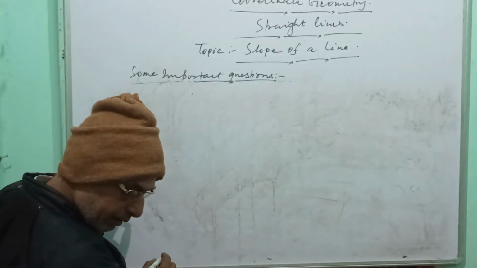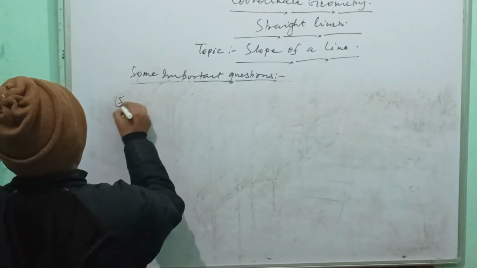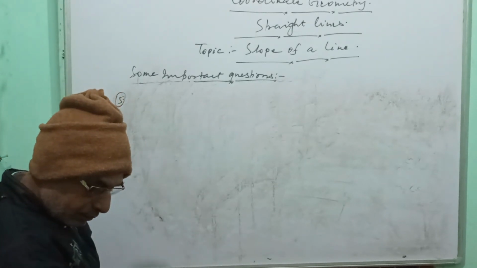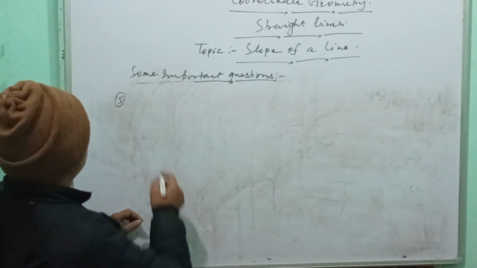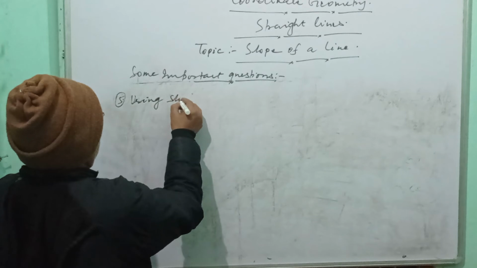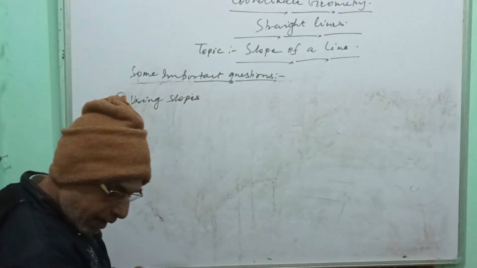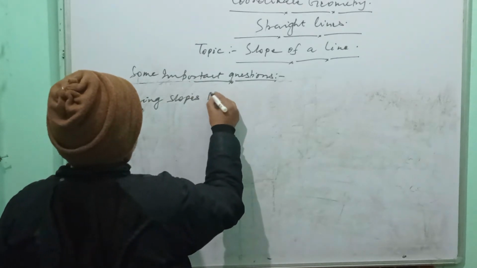The next question is the fifth question. This question says that using slopes find the value of x.